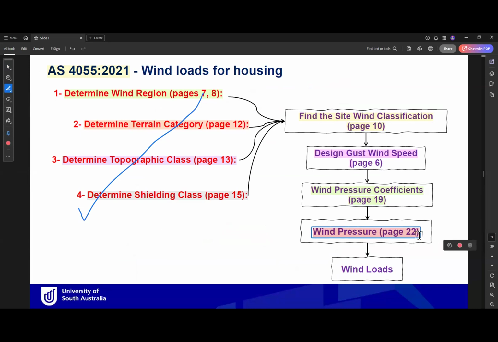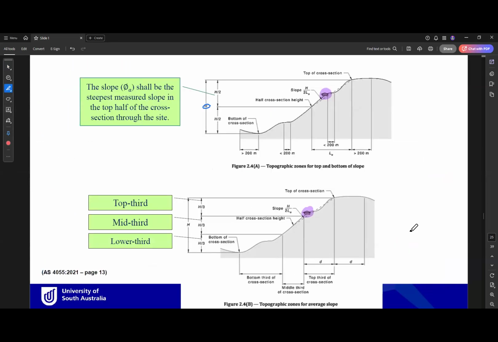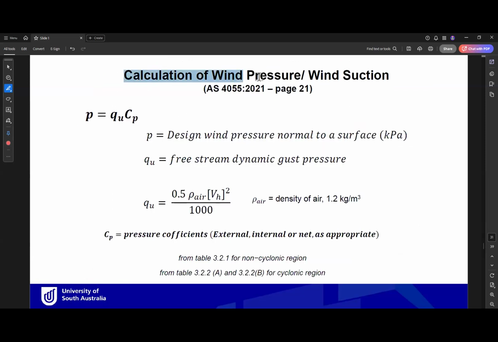This formula can be found in page 2022 of the standard, and we can find it in this slide. Calculation of pressure or suction. The formula to find the pressure or suction is p equal to q_u times C_p. So this is the formula we will be using after we find the speed.